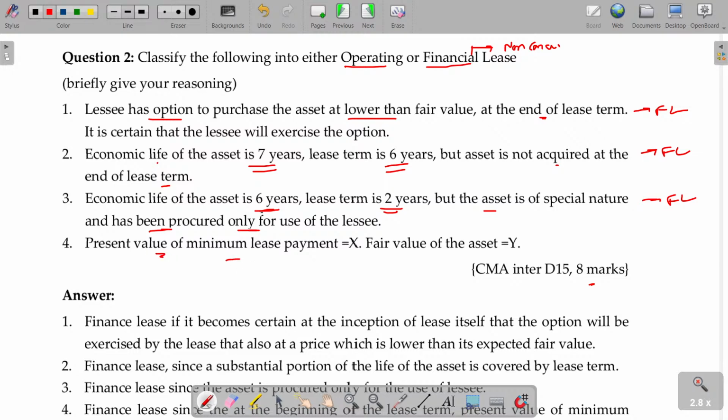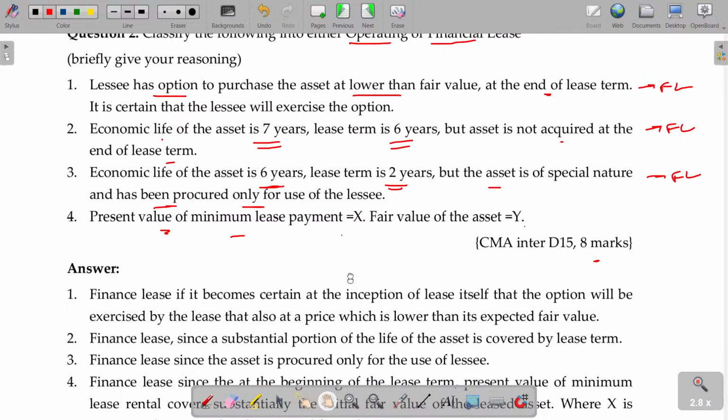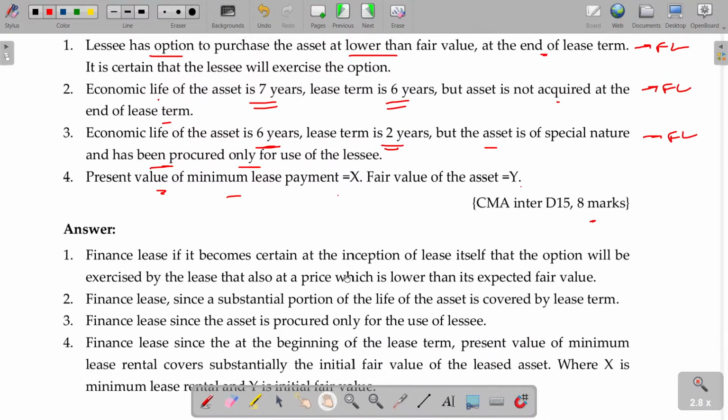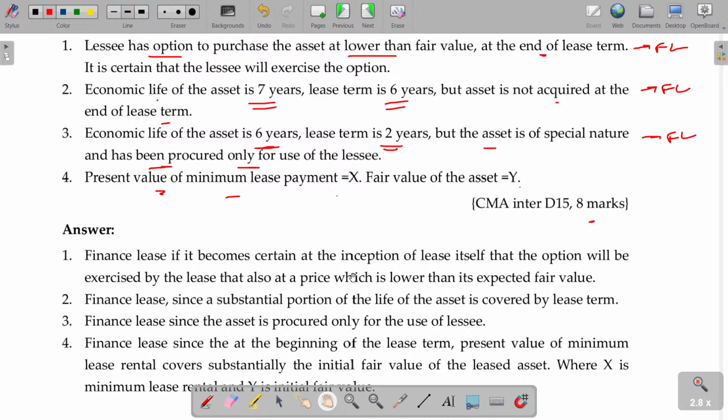Present value of the minimum lease payment X, fair value of the asset being Y. In this case, finance lease. Okay. I will guide you on this along with the illustration in the next class, because finance lease we have to discuss.